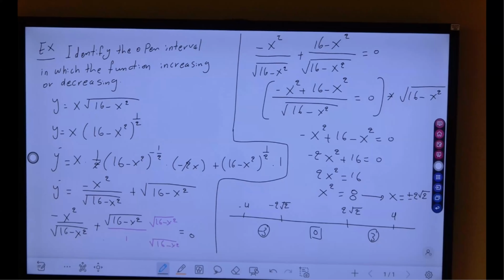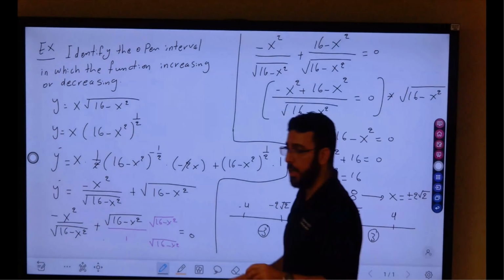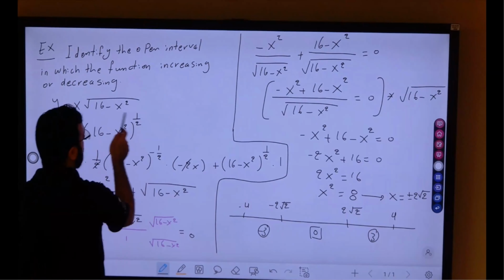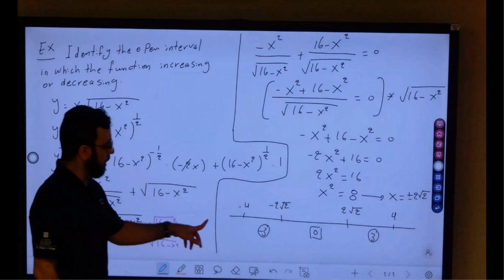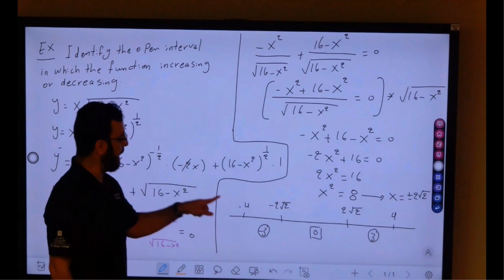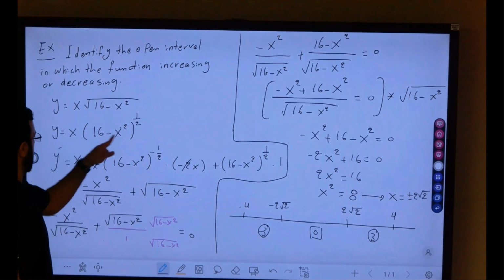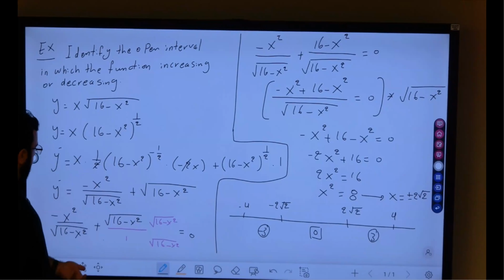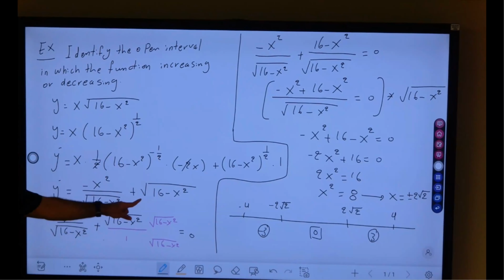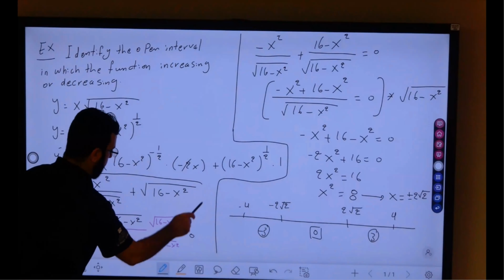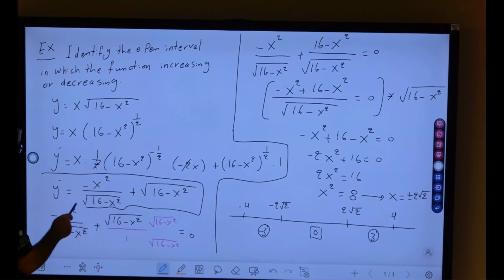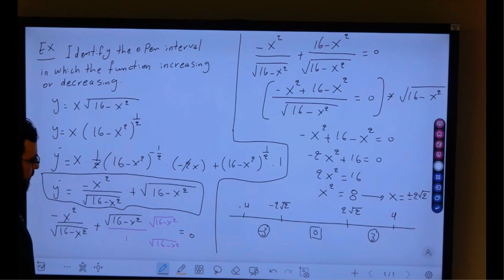And again, we can't say it's an asymptote. Why? Because it's not rational. The asymptote only applies with a rational function. So plug in -3 here. Here, sorry, where is the first derivative? Yes, you can do it here. And tell me, is it going to be positive or negative?